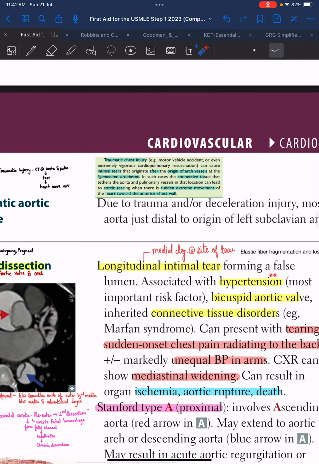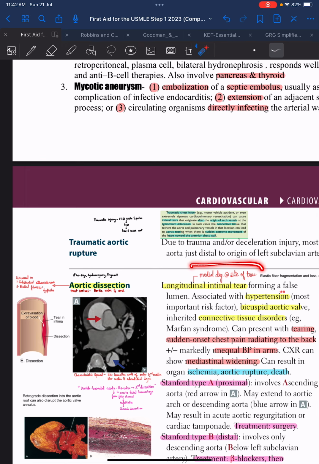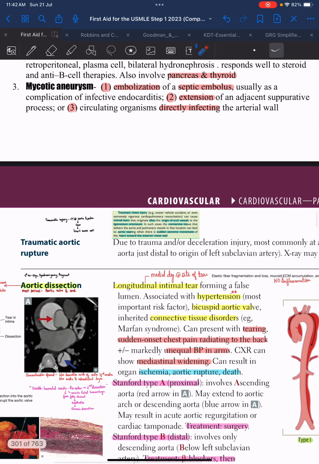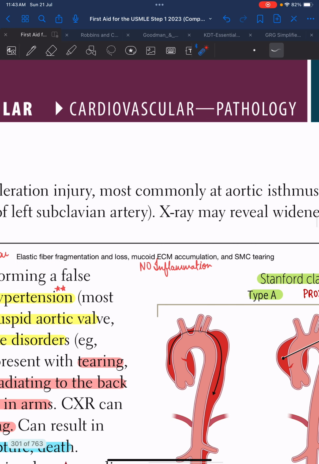Okay, for the longitudinal intimal tear which we talked about, there will be medial degeneration at the site of the tear, and there would be fragmentation and loss of elastic fiber. There would be mucoid extracellular matrix accumulation, and there would be tearing of the smooth muscle. Characteristically, aortic dissections do not involve inflammation.